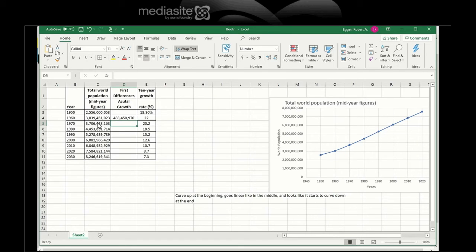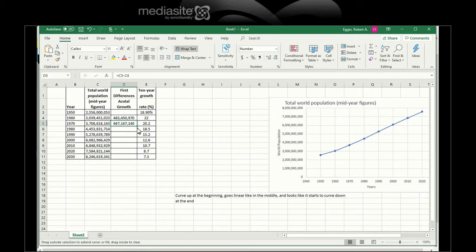So between 1960 and 1950, the world population had a growth of just under half a billion, almost 500 million. Same thing here. To find out what the change from 70 to 60 is, we'd take 1970 and we'll subtract 1960 from it. So from 1960 to 1970, the world population had a growth of 667 million.